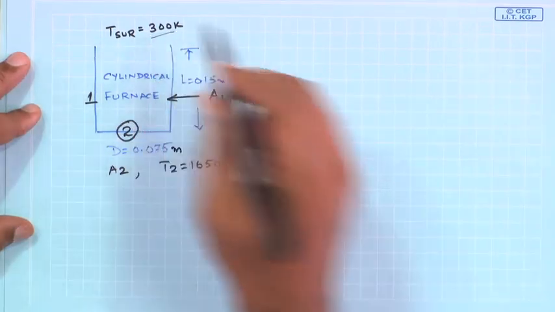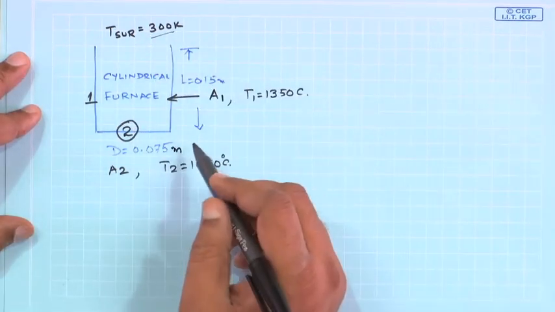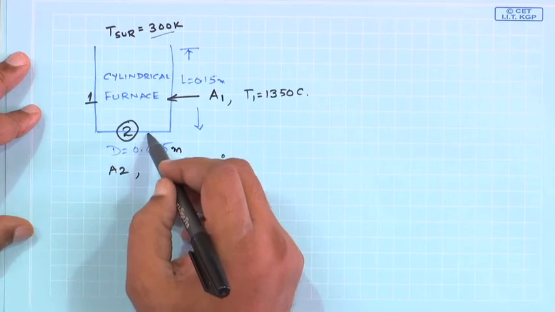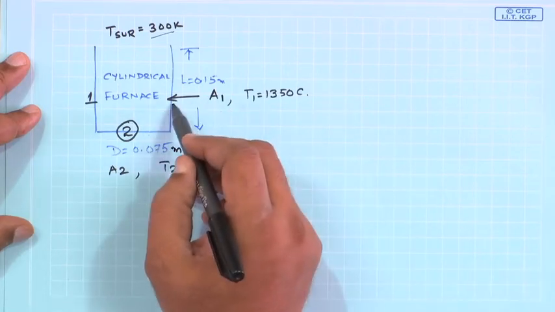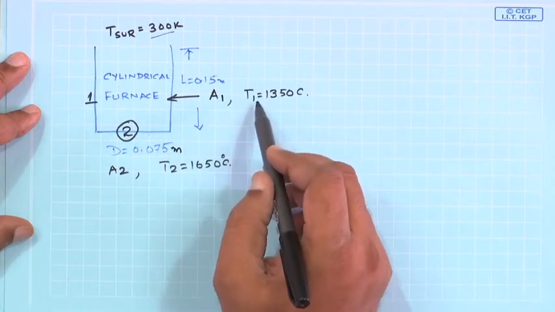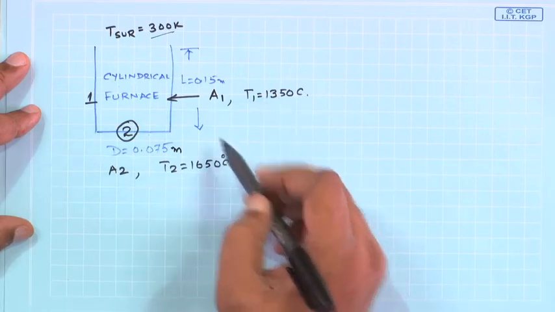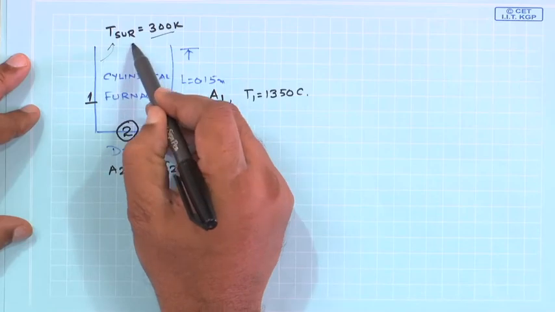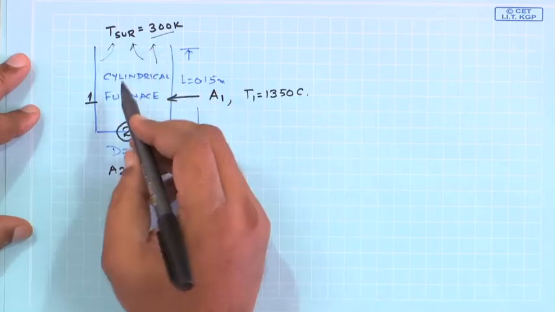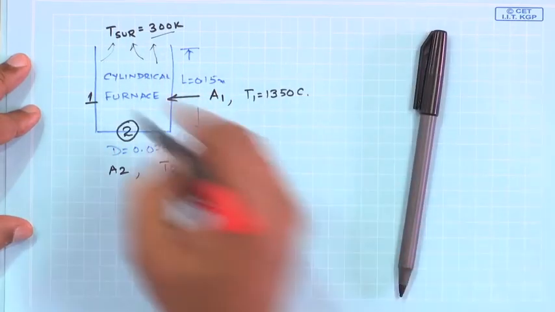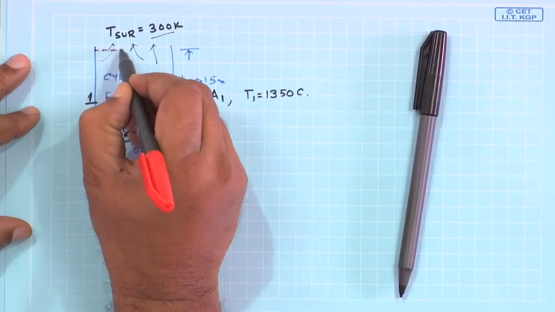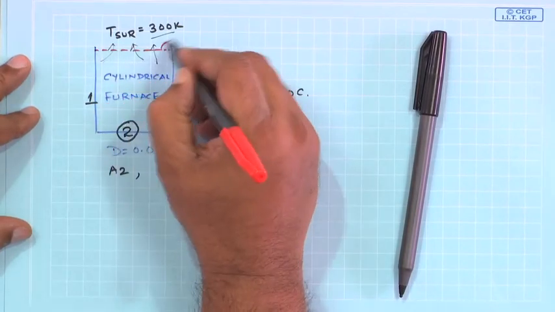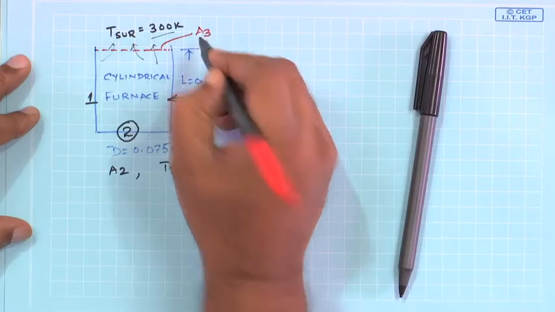and this is 300. So, obviously, some energy is to be supplied to 2, some energy is to be supplied to 1 to maintain them at these two temperatures, and they are going to lose energy through this enclosure. Let us say I am putting a hypothetical surface which is A3.